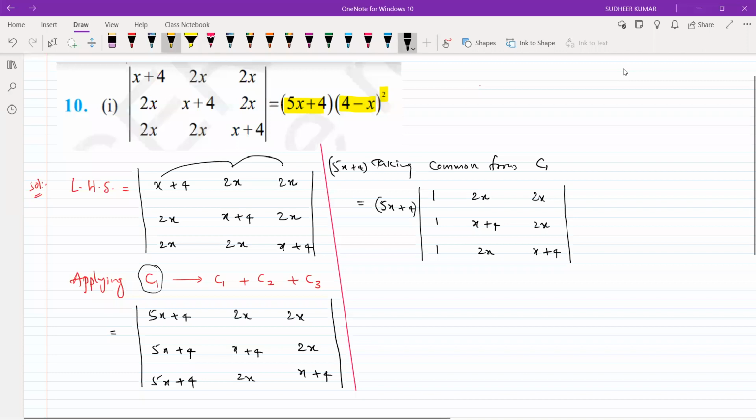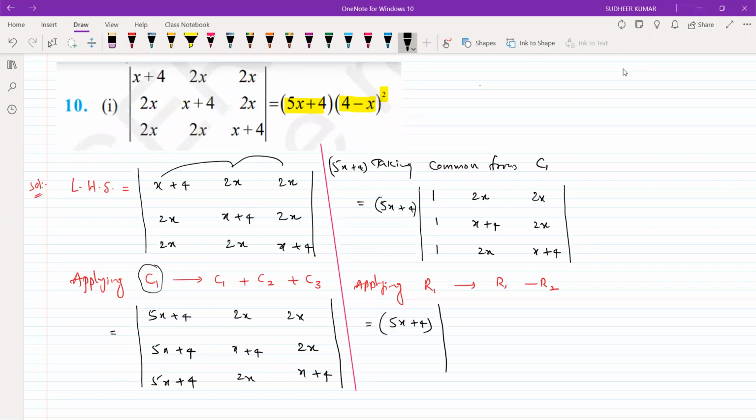So to make the utmost number of zeros, we should apply R1 changed as R1 minus R2, isn't it? So this is 5x plus 4 times, R1 is going to be changed, R1 minus R2. This is 0.